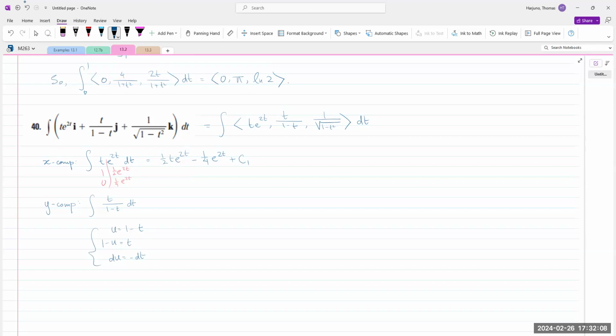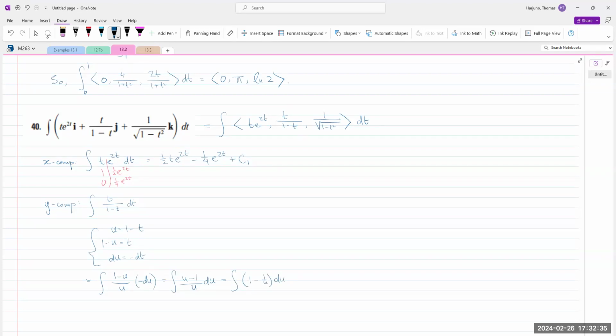Okay, so that integral then becomes the integral of, t is 1 minus u, 1 minus t becomes u, and this is negative du. That's the integral of (u minus 1) over u du. That's the integral of 1 minus 1 over u du.